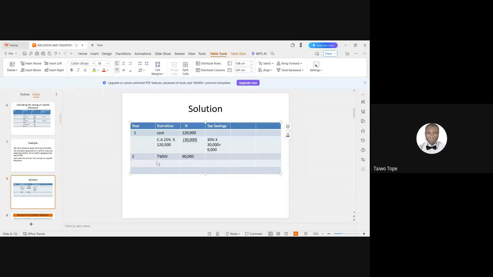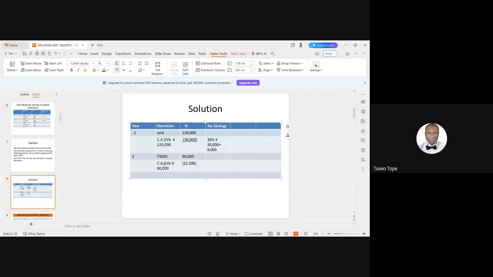It will be on this 90,000 here, because it is reducing balance. So the capital allowance is 25% multiplied by 90,000. This will give you what? 22,500.